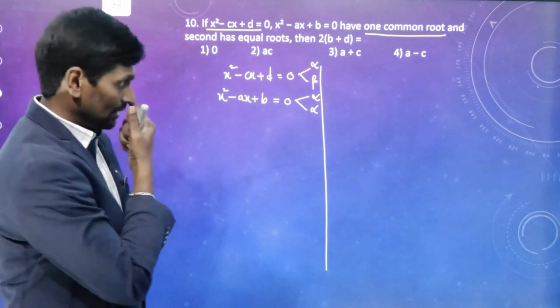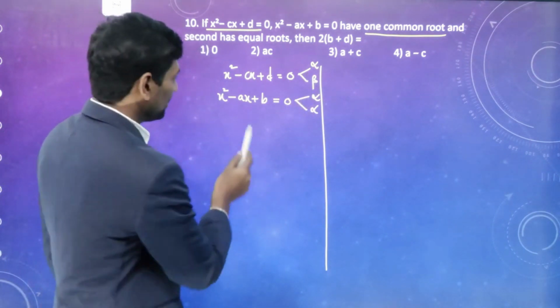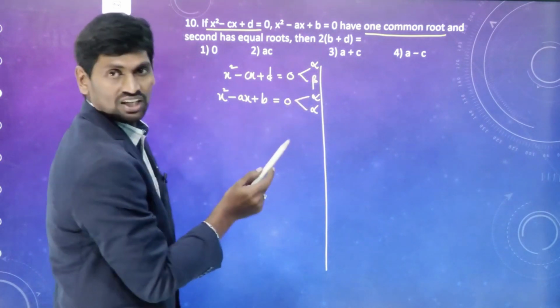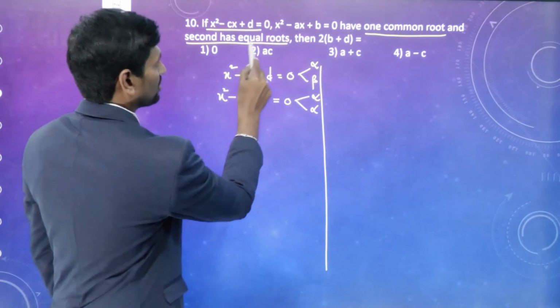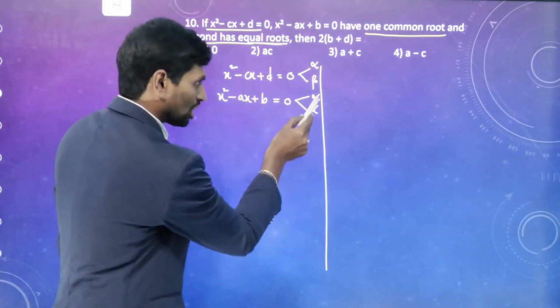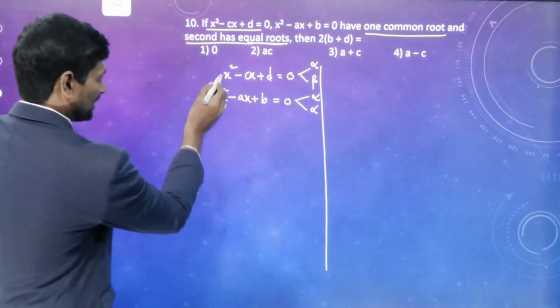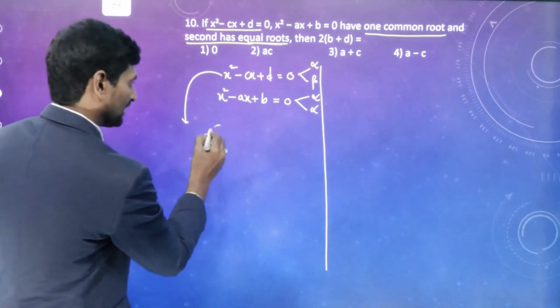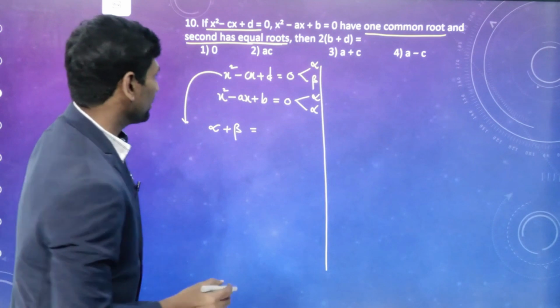I am taking alpha as the common root. That's why the second equation also has alpha, and according to the statement the second has equal roots. That means if you take alpha, both are alphas, or if you take beta as a common root, both are betas. Okay? Now from the first equation, sum of roots alpha plus beta value is minus b by a.